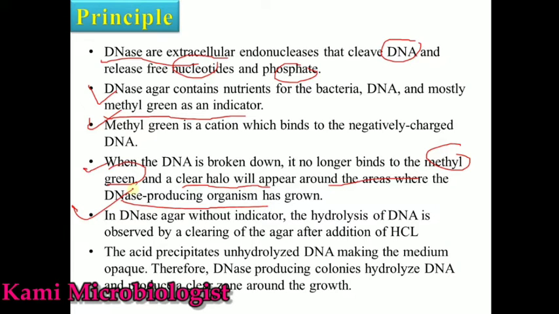If the DNase agar does not contain methyl green, then we use HCl after streaking and 24-hour incubation. By using HCl we can also identify the positive and negative reaction.